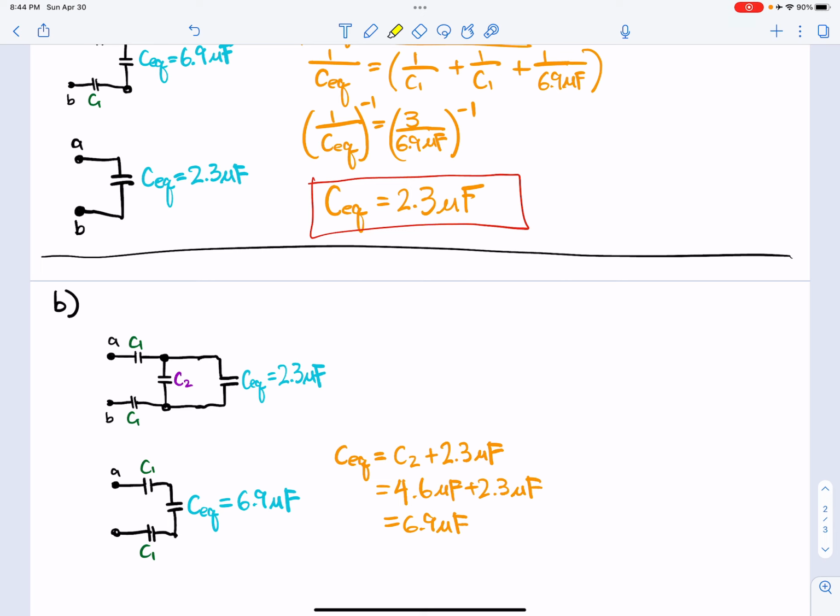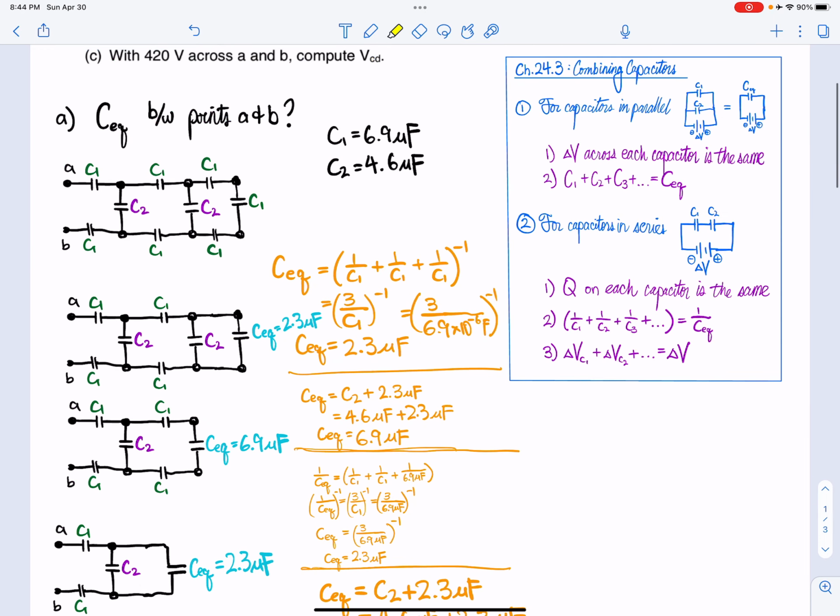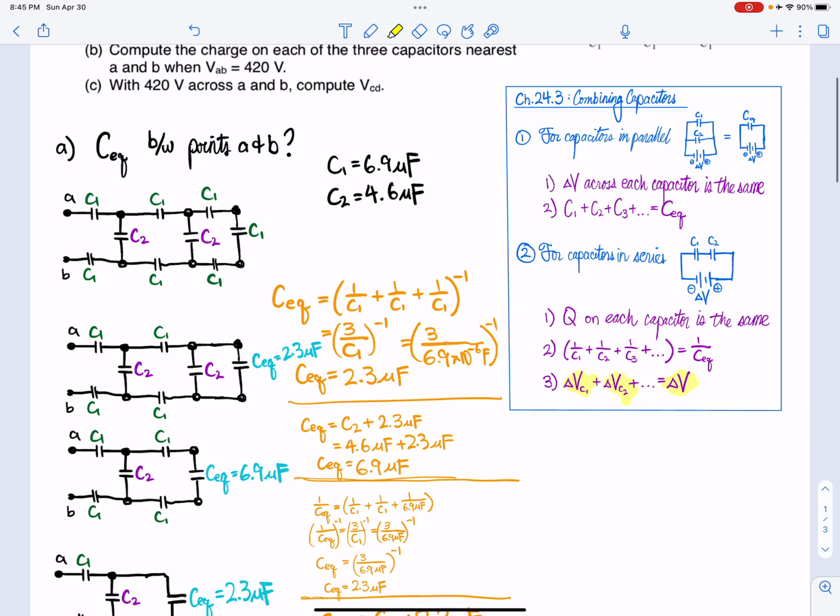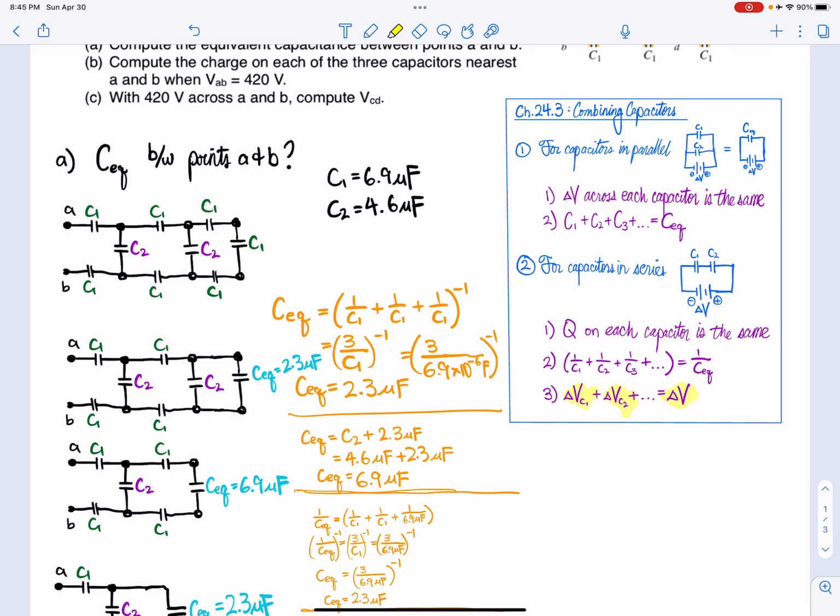What else do I know? Since these capacitors are in series, I also know that the sum of the potential difference for each of the 3 capacitors should equal 420 volts, right? Because that is the voltage between point A and point B, 420 volts. That was given.